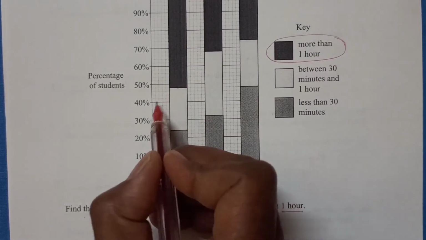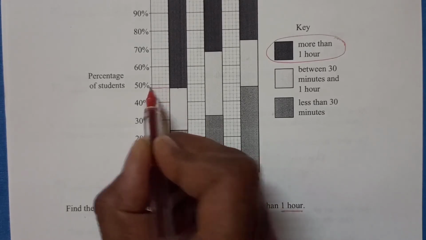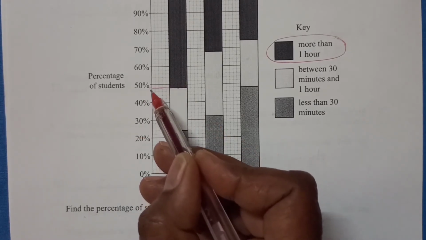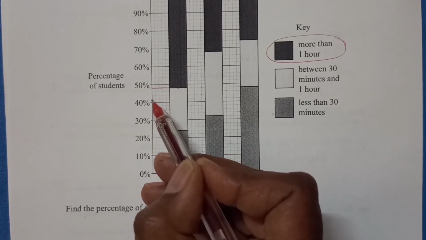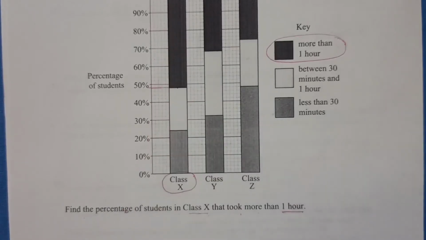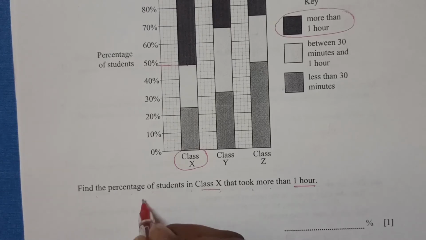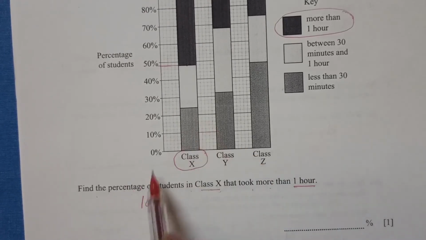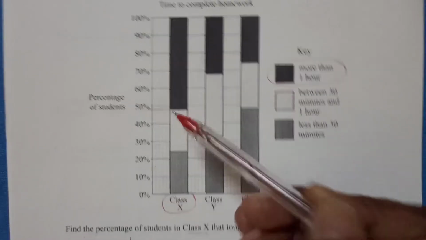So first we need to see where this line is. It's 40, 42, 44, 46, 48. This is 48 up to 100. So we are just going to subtract. It was 100% here, and this is 48.